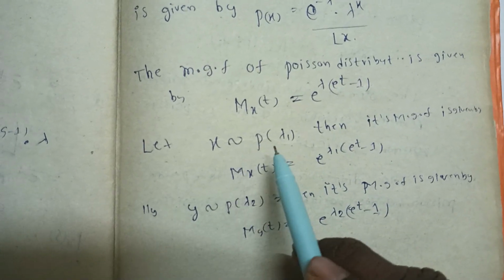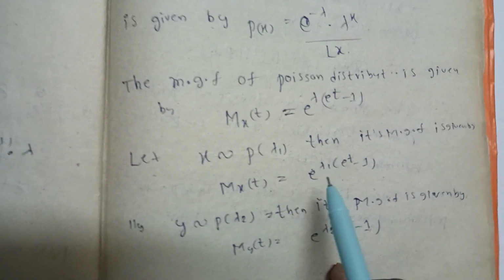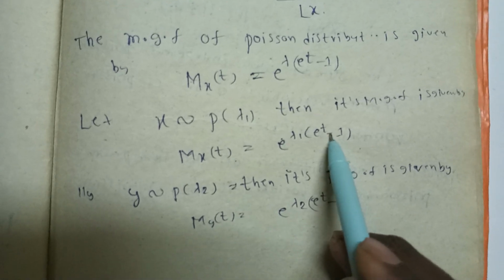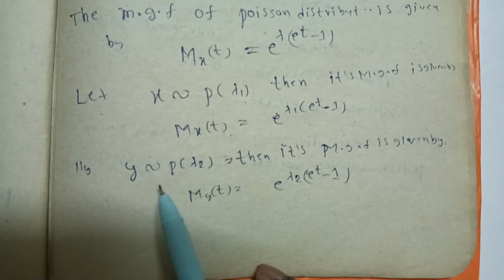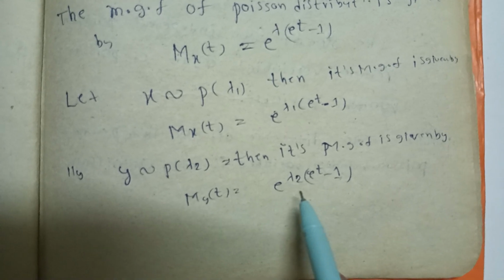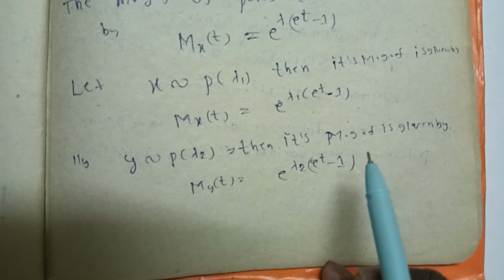If x follows Poisson of lambda 1, then its MGF is given by e to the power of lambda 1 into e to the power of t minus 1. Next, y follows Poisson of lambda 2, then its MGF is given by my of t equals e to the power of lambda 2 into e to the power of t minus 1.